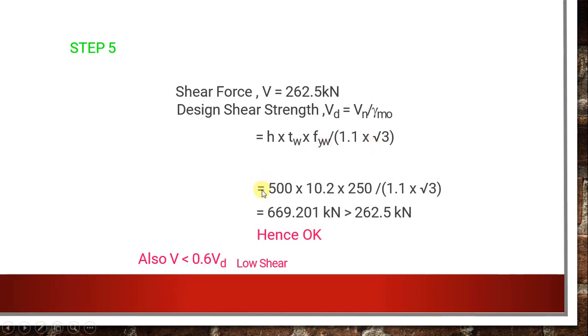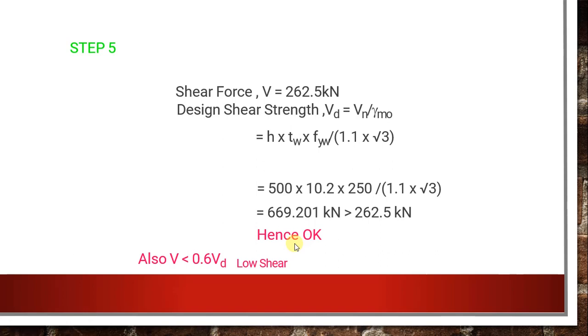You have to put all the values into this expression: H is 500, Tw is 10.2, Fy is 250, divided by 1.1 into the square root of 3. You will get the design shear strength as 669.201 kilonewton, and it is greater than the shear force acting due to the loading, that is 262.5 kilonewton. Hence the structure is safe against shear.